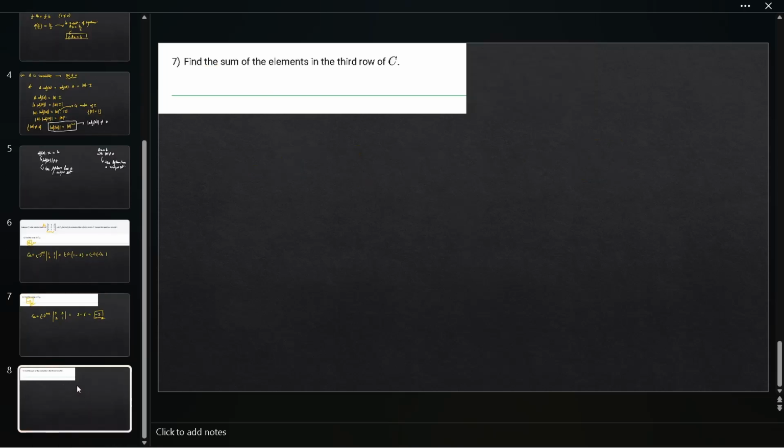Now, moving on to the last question for this video, which is find the sum of the elements in the third row of C. So the third row of C will have the elements C31 plus C32 plus C33.